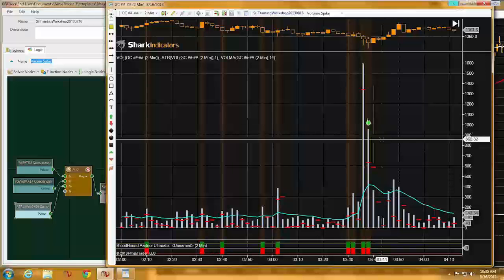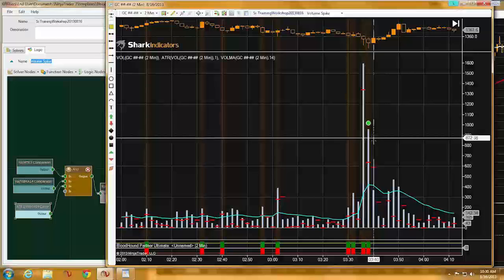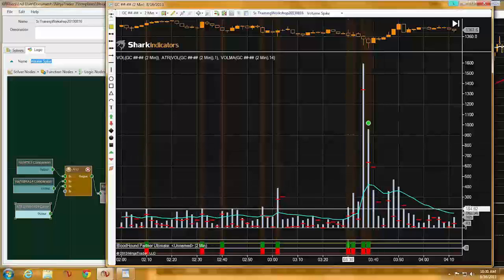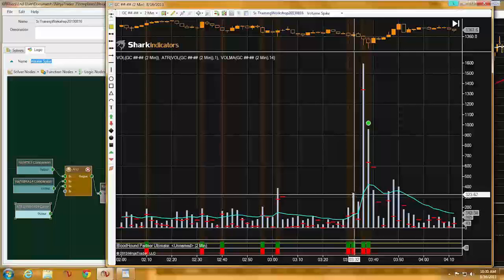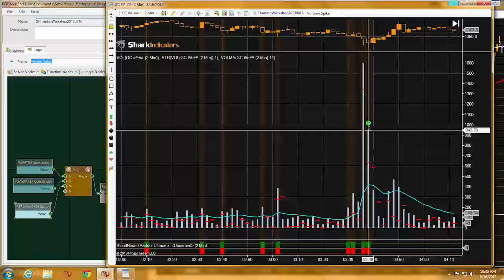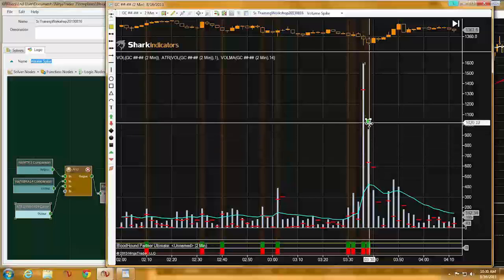Okay, so clearly we're looking for volume spikes, so volume has to be rising. So let's add another comparison here. We'll check the current volume to the volume 1 bar back, and make sure that our volume is greater than the previous volume 1 bar back. And that will eliminate that.